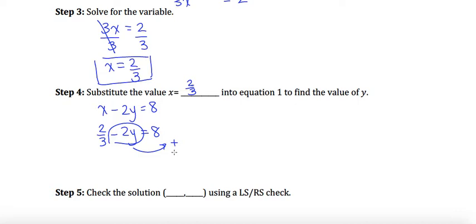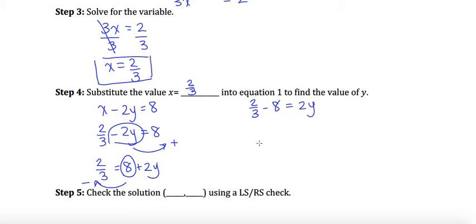Negative becomes a positive, so inverse operations. So I have 2 over 3 is equal to 8 plus 2y. Now I want to move over my 8 in order to start to isolate my y. Right now it's a positive 8, so it becomes a negative when I bring it over. So I have 2 over 3 take away 8, and that's equal to 2y.